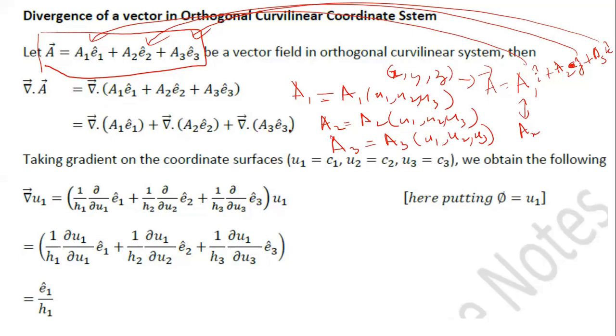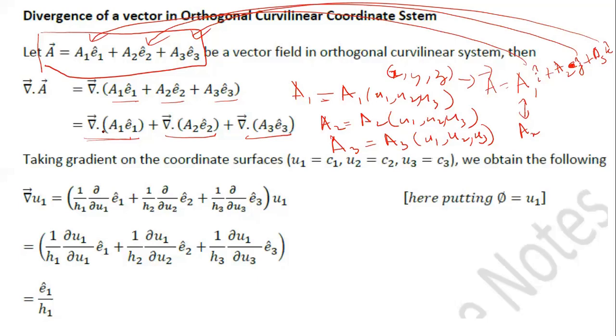Now, our next objective is to obtain the form of divergence of A1 E1, and similarly divergence of A2 E2, and divergence of A3 E3. If I can obtain the mathematical form for all these, then I will be able to write divergence of a vector in orthogonal curvilinear coordinate system.